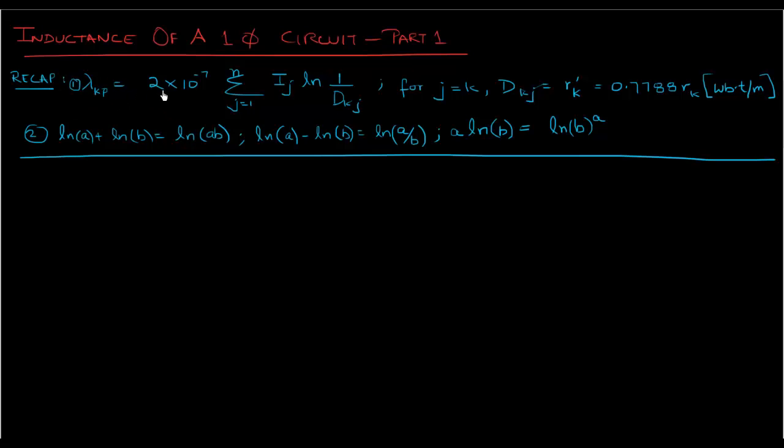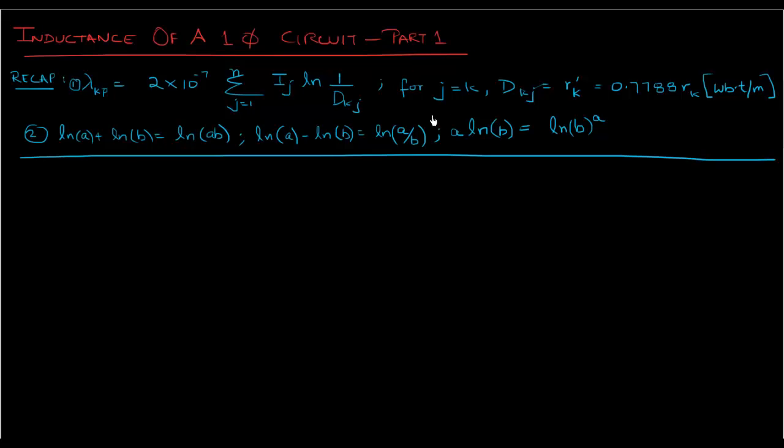That was given by 2 into 10 to the power minus 7, sigma j equals 1 to n, where n is the total number of conductors, I j ln 1 over d kj. And for the case where j is equal to k, d kj was nothing but r prime k, where r prime is 0.7788 r k, r k being the radius of conductor k, and this was in Weber turns per meter.